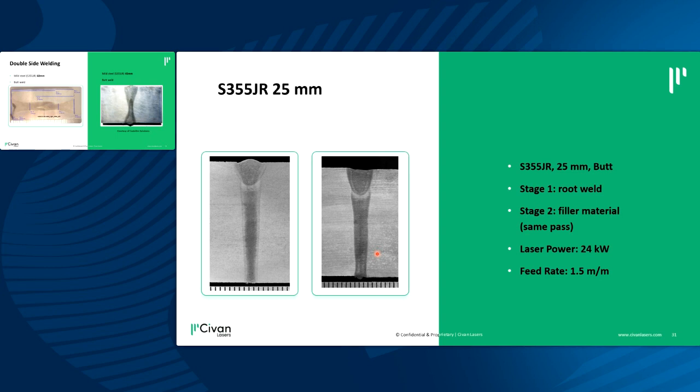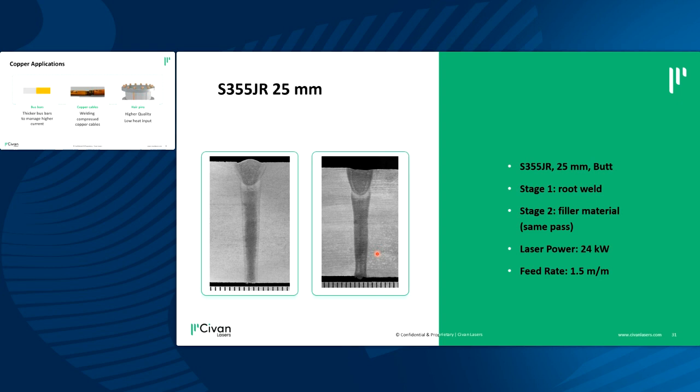Now I want to talk about copper applications, very common in the automotive industry but also in many other areas. The challenge we face when we weld copper is its high thermal conductivity, which leads to inconsistent welds, a lot of porosity from the fluctuations in the process, and a lot of spatter as well.